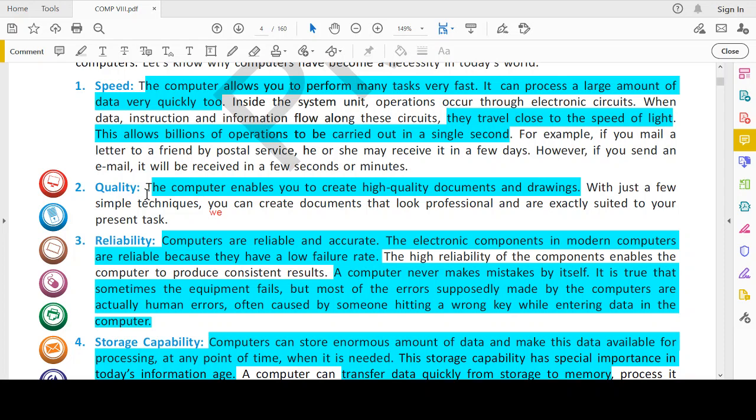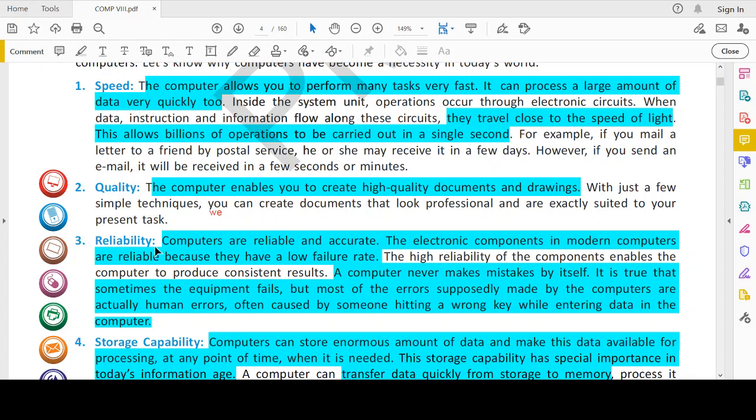You can use them to create quality documents and drawings. You can create presentations or you can create documents that are presentable in just a few simple techniques. If you know the techniques of creating a document, if you know how to beautify your document, you will be able to do it in a very short time.